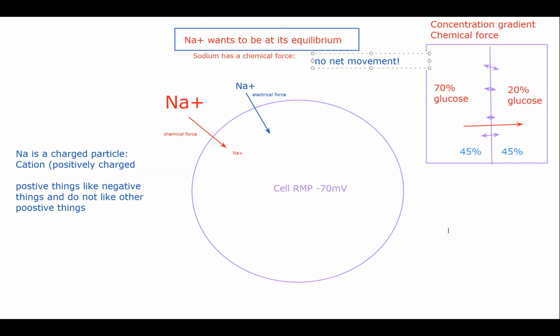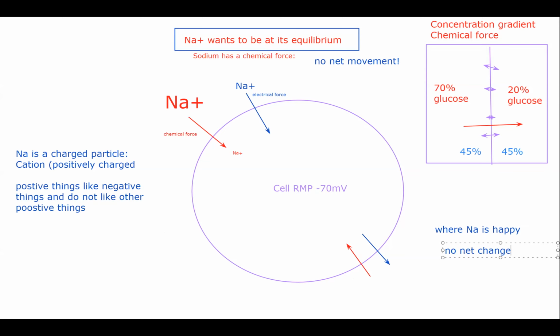So where sodium is happy is when one of the forces in is equal and opposite to the other force out. Where sodium is going to be happy is where there is no net change.